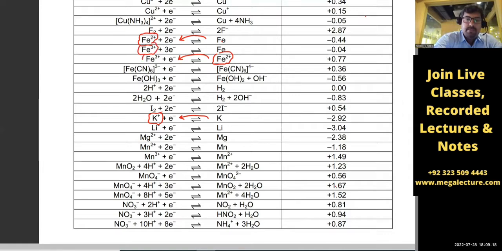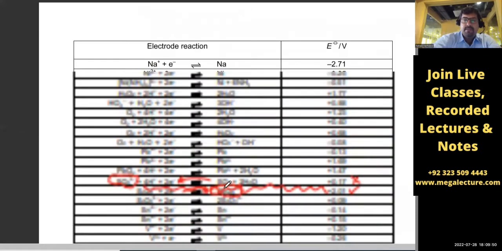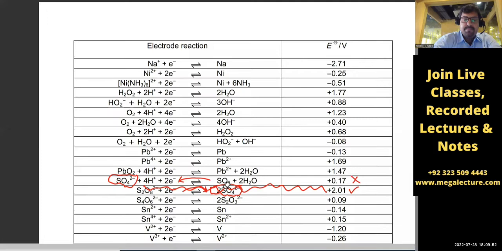So I'm going to add the equations for Fe3 plus as well. At the moment we don't know what the direction is going to be. So I've got Fe2 plus, I've got Fe3 plus. I have MnO2, which is this one. I've got MnO2 over here as well. I've got SO4 minus 2, so those equations are already marked.